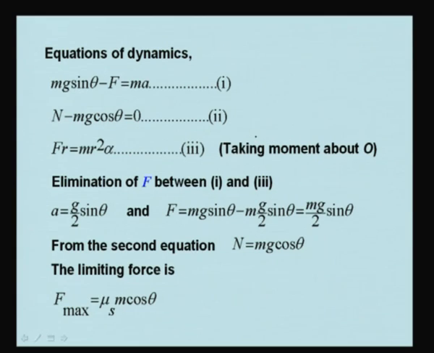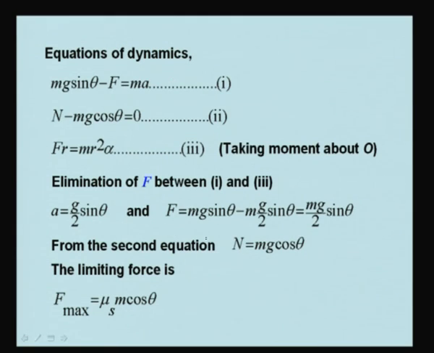Now if we eliminate f between the first and third, because we don't know this f, we get A is equal to g by 2 sin theta. Of course N is equal to mg cos theta, which we are not using right now.